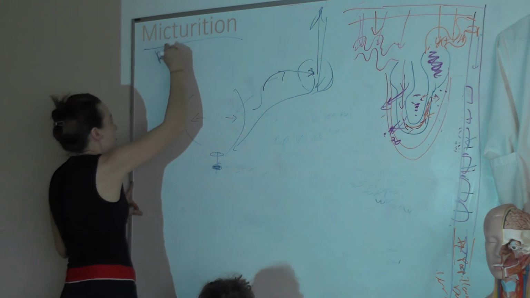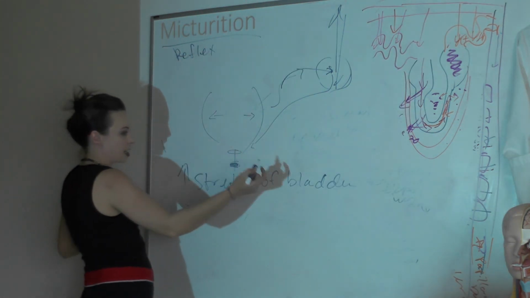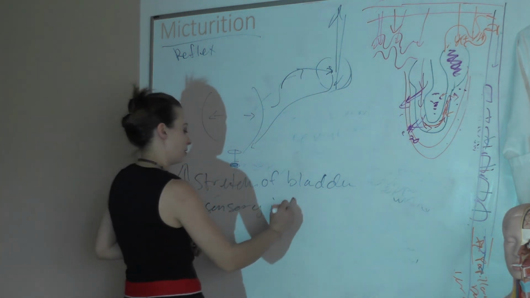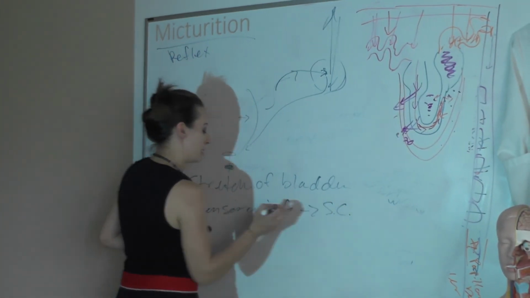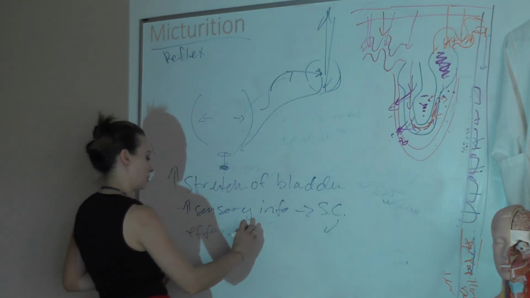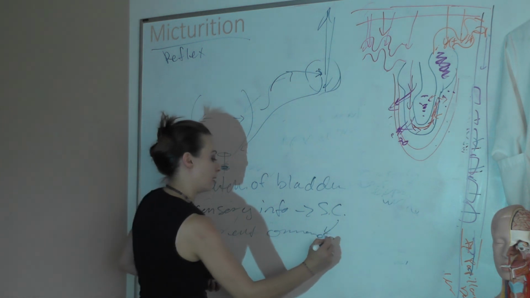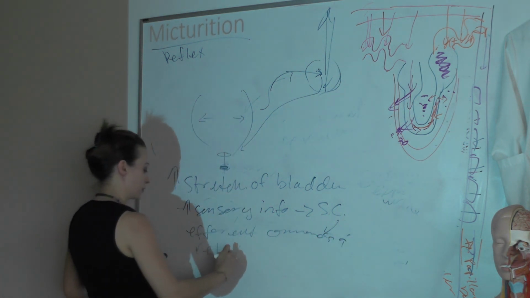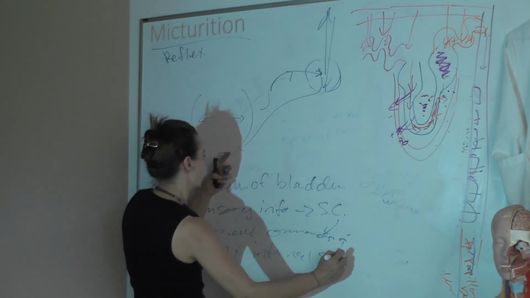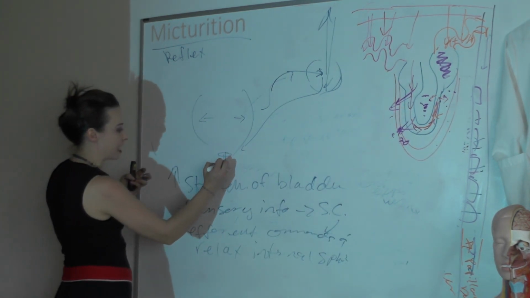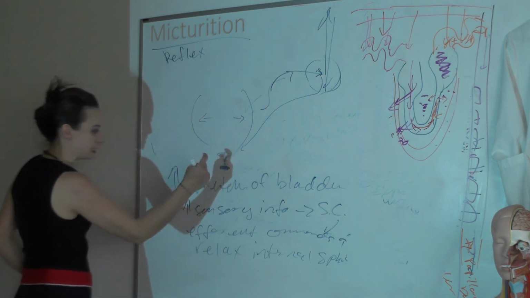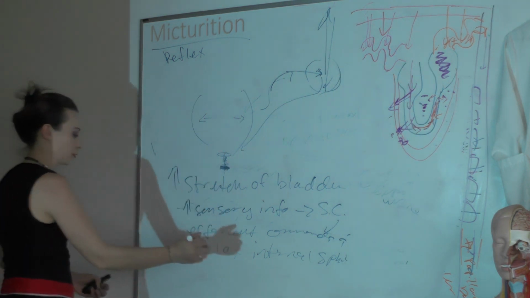So what do I want to know about micturition? It's a reflex. An increase in stretch of the bladder is going to send sensory information to my spinal cord. In my spinal cord, I'll send out efferent information and relax the internal urethral sphincter. What's going to happen then is some urine is going to enter the urethra, and if you've got control, you can squeeze and hold that external urethral sphincter.